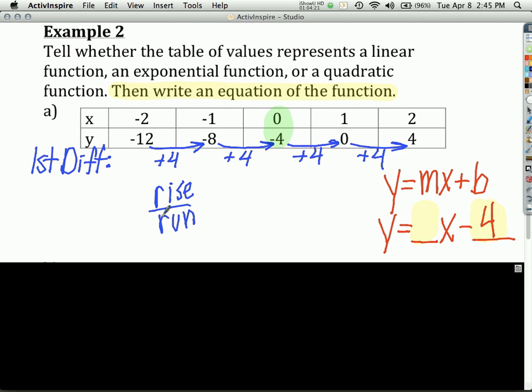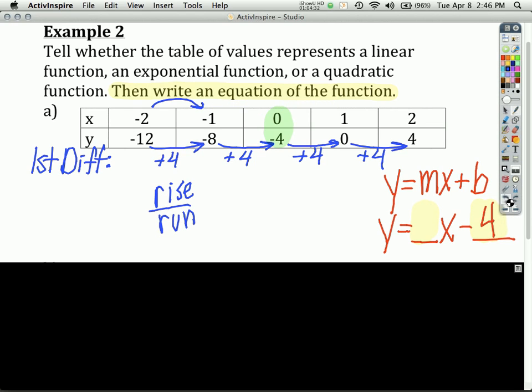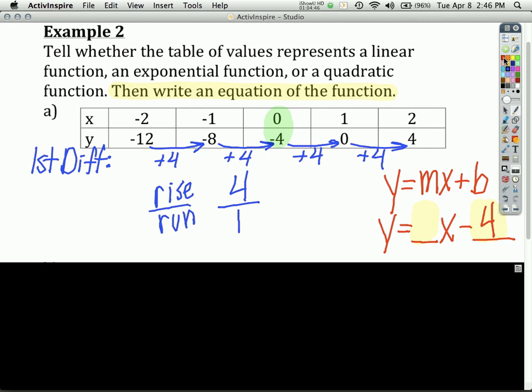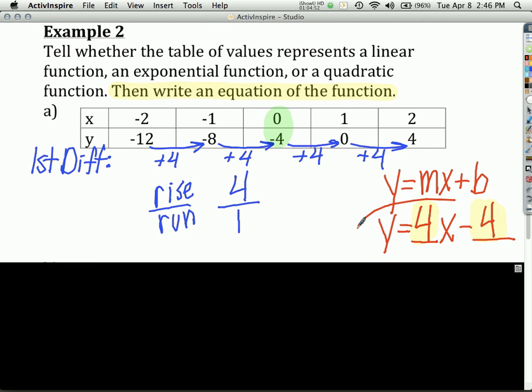It's 1 because to go from here to here is 1, to go from here to here is 1, and from here to here is 1. So Ziomara was right. I just wanted to make sure that she realizes it's not 4 because it's 4. It's 4 because it's 4 over 1, which is the distance here. And that's why it works. So the slope is 4. And so the equation of this function is y equals 4x minus 4. So everything we needed was in the table.